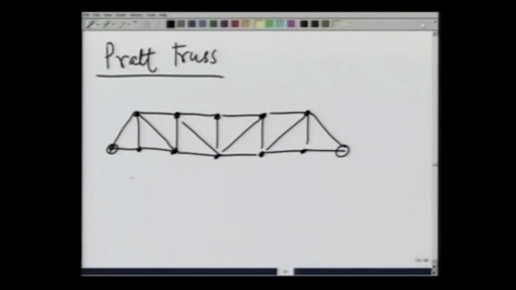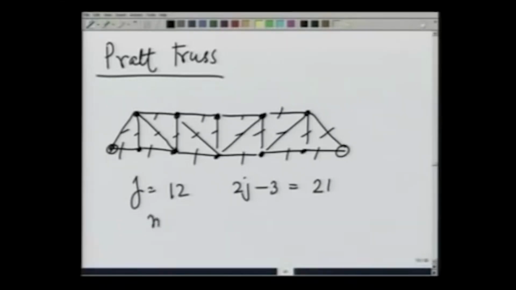Let us see the number of joints here are 1, 2, 3, 4, 5, 6, 7, 8, 9, 10, 11, 12. So, 2j minus 3 is 21. Number of members is 1, 2, 3, ... 21. So, this is a statically determinate truss and capable of remaining in equilibrium.